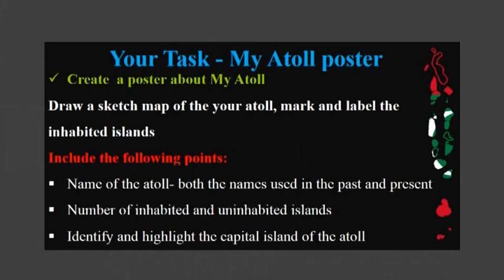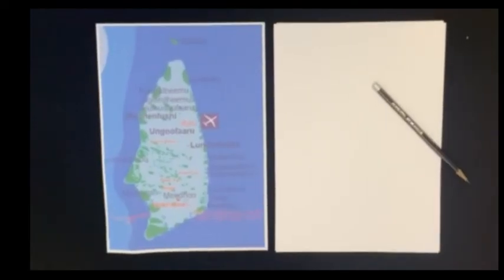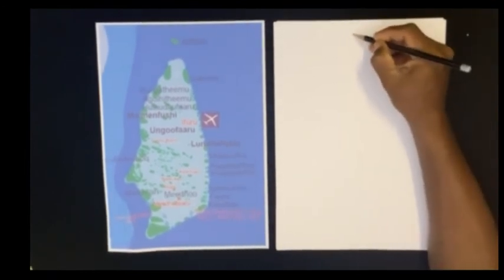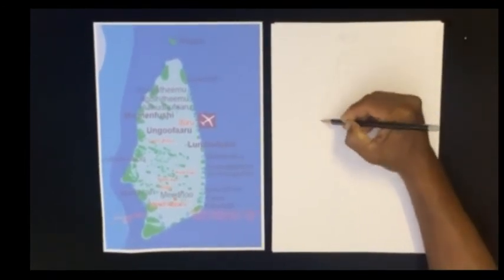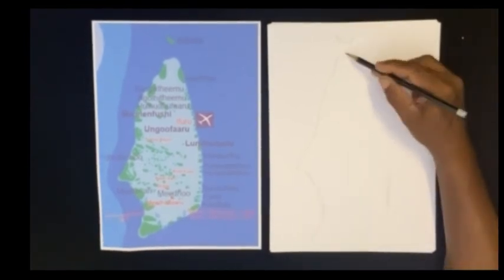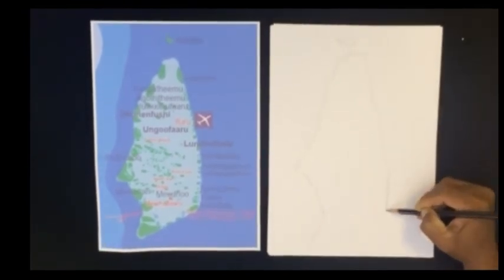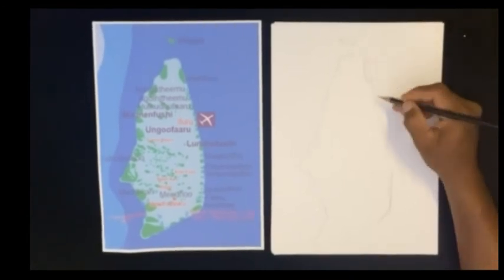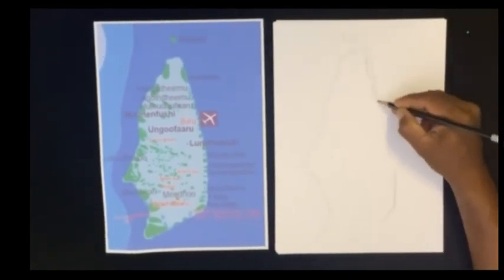Students, are you ready for the task of the day? You need a reference map of your atoll and the stationaries. First, trace the shape of the atoll with the inhabited islands.